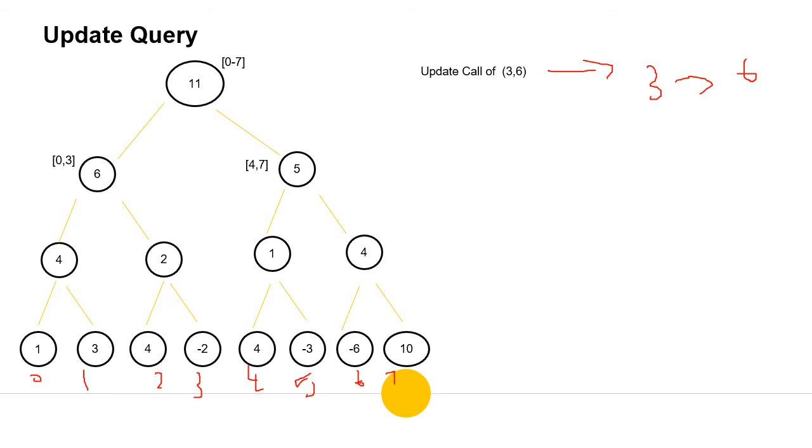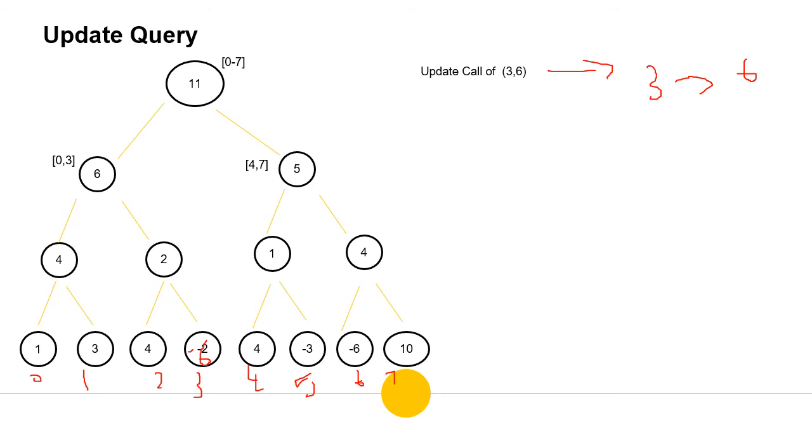So third element here is -2, and we are going to change it to 6. If we change this to 6, not only this leaf node will change, actually the other nodes which are connected to this leaf node will also get changed.